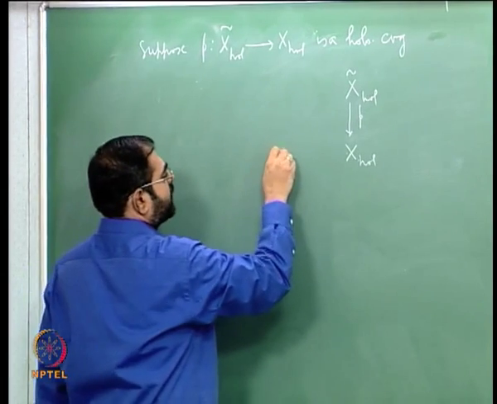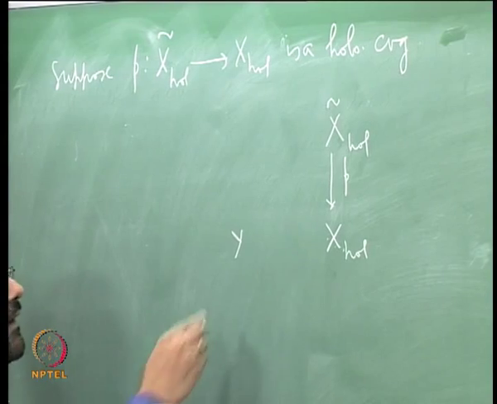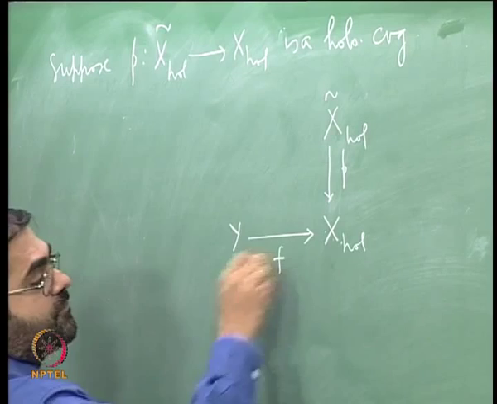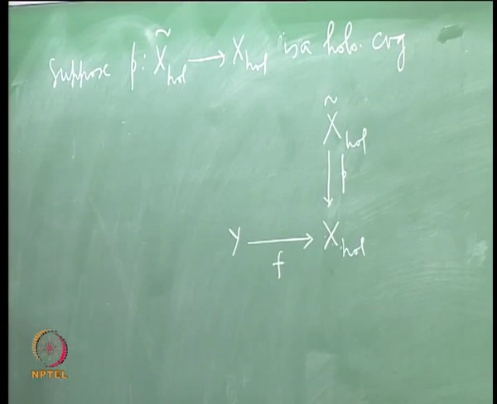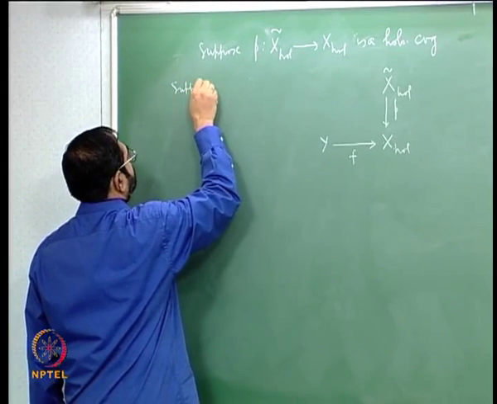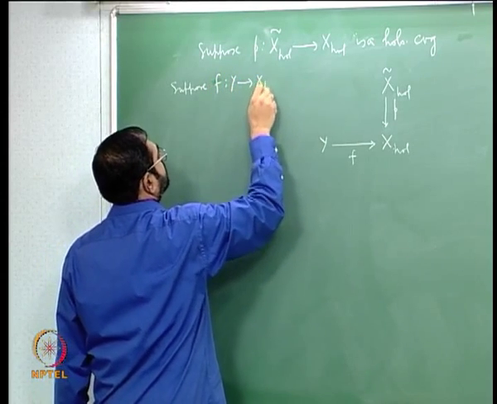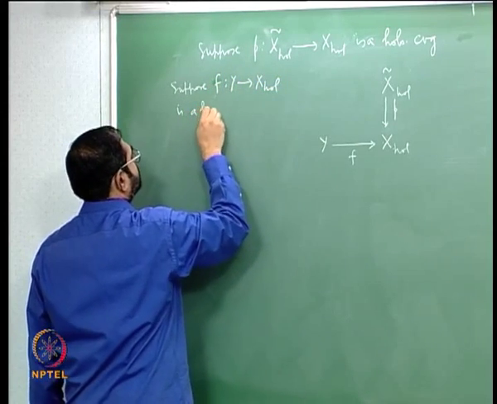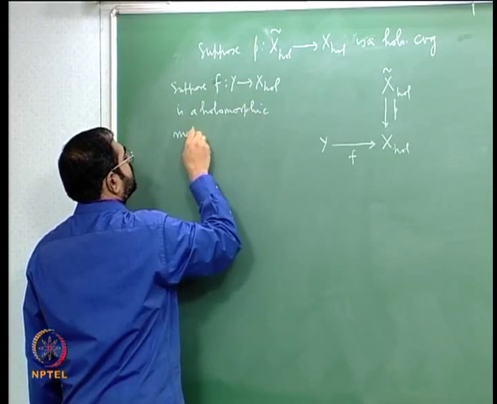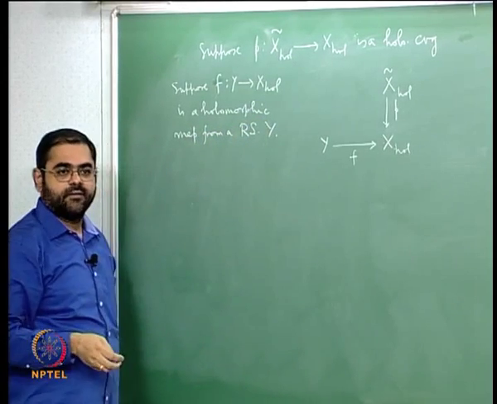Now if Y is another Riemann surface, and suppose from Y to X I have a map F which is a holomorphic map.